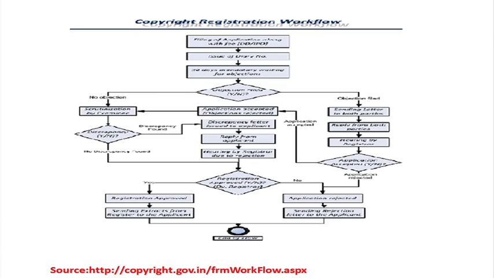For copyright, there is a Copyright Registrar, just like in patent administration, where I have not mentioned the Controller General, assistant controllers, and deputy controllers. Here there is only one Copyright Registrar, and there is a Copyright Board, although it is non-functional nowadays.